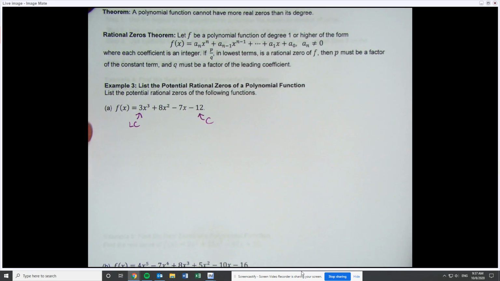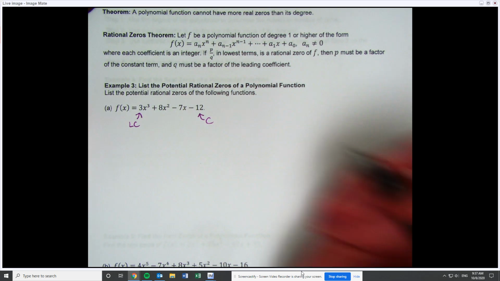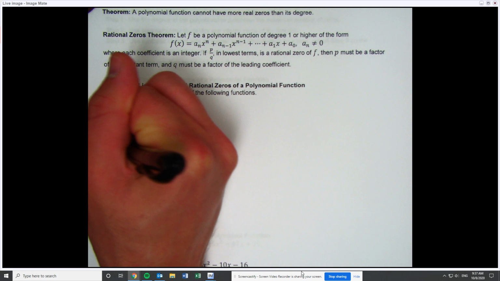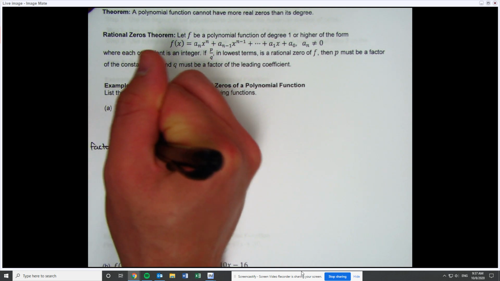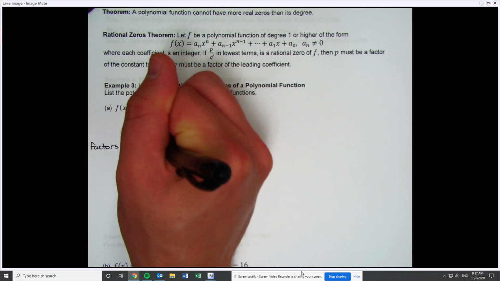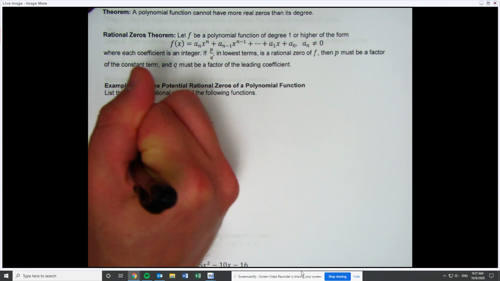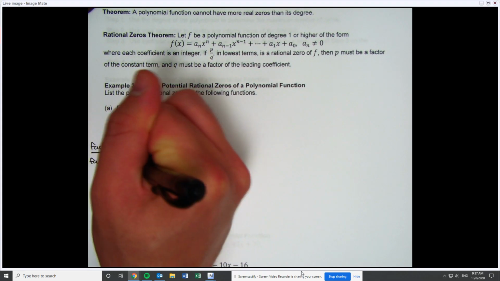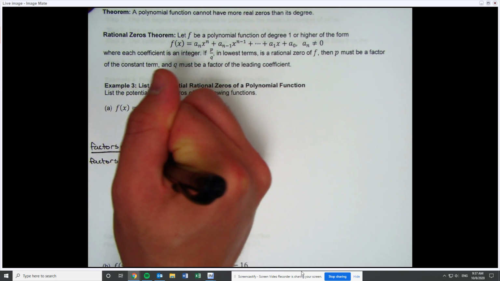The next thing I'm going to do is I'm going to list out factors. So I'm going to do a little extra step right here. So I have factors of my constant divided by factors of the leading coefficient.